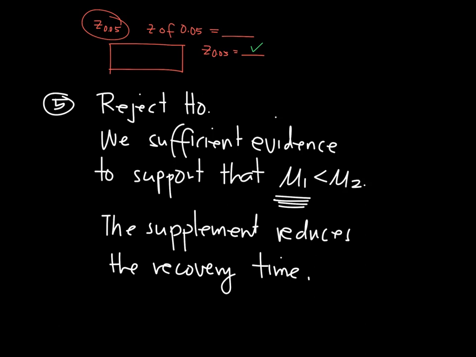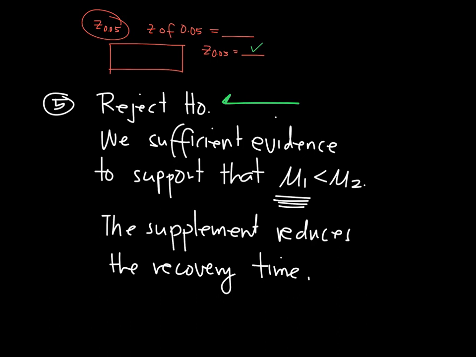It's important as well to make a sentence to state your conclusion, not just say that it's rejected. You should be able to make sense of the statement, reject H0, and then what about rejecting H0?